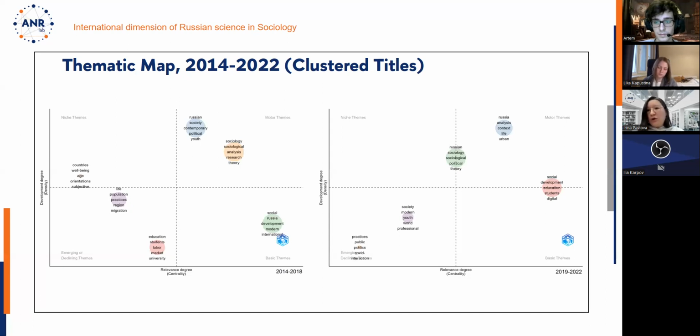Right now we are working with three disciplines: sociology, political sciences, and economics. And that is presentation just of some segments in the research field of all Russian scientists. We approach discipline by discipline, but the ultimate goal is to apply social network analysis methodology to all disciplines taken together.